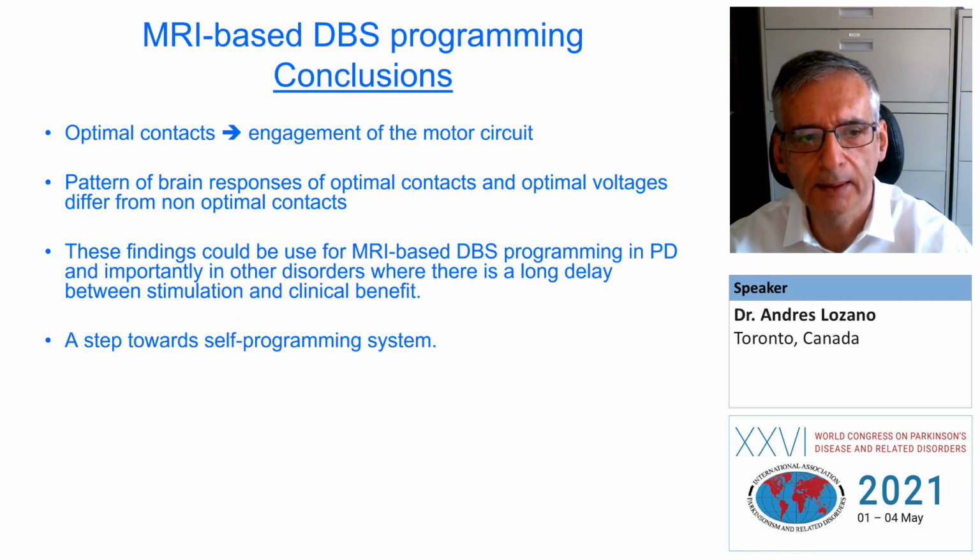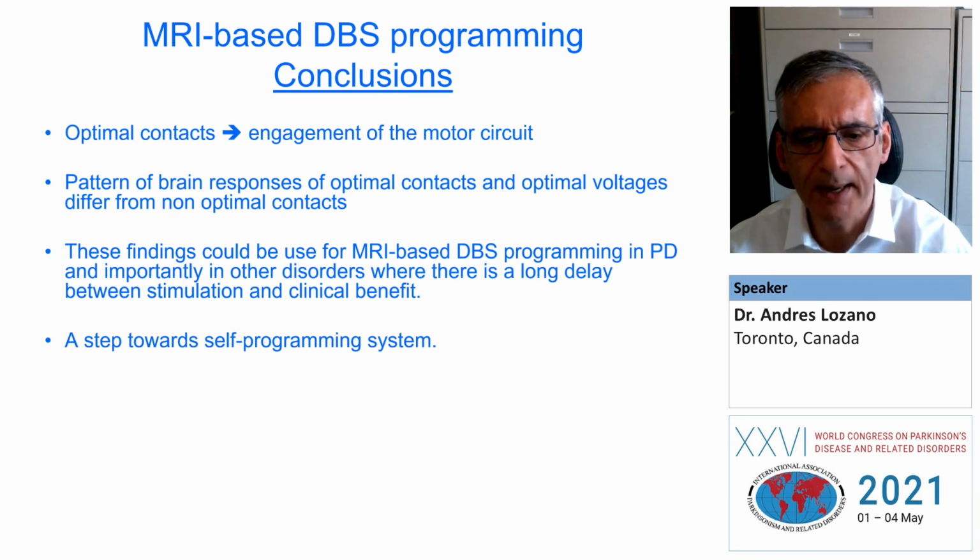It is also quite clear that the pattern of brain responses of the optimal contacts and optimal voltage is quite distinct and different from the non-optimal contact, and this is quite important. What this means is that these findings could be used for MRI-based DBS programming in PD, and importantly, in other disorders where there may be a long delay between stimulation and benefit. And indeed, this is a potential step towards a self-programming system.